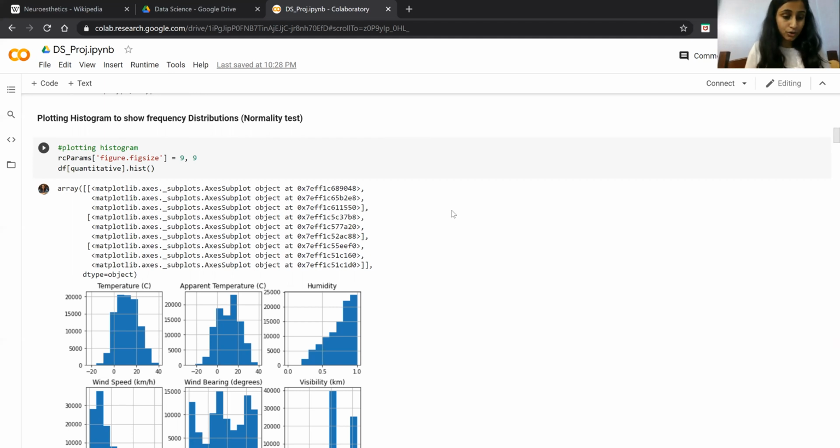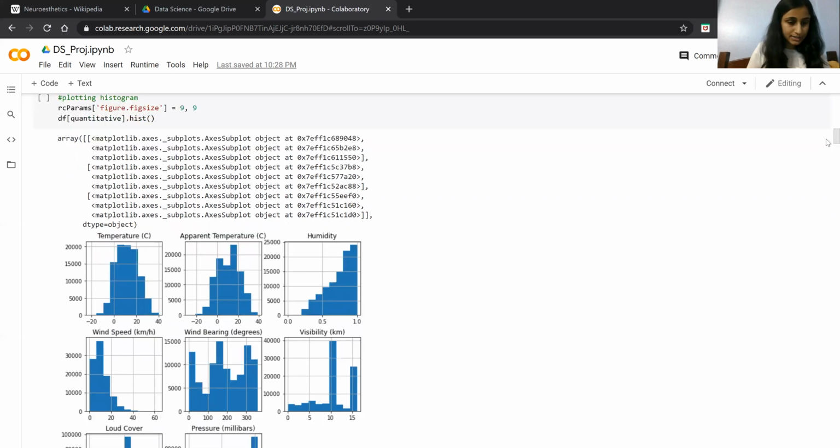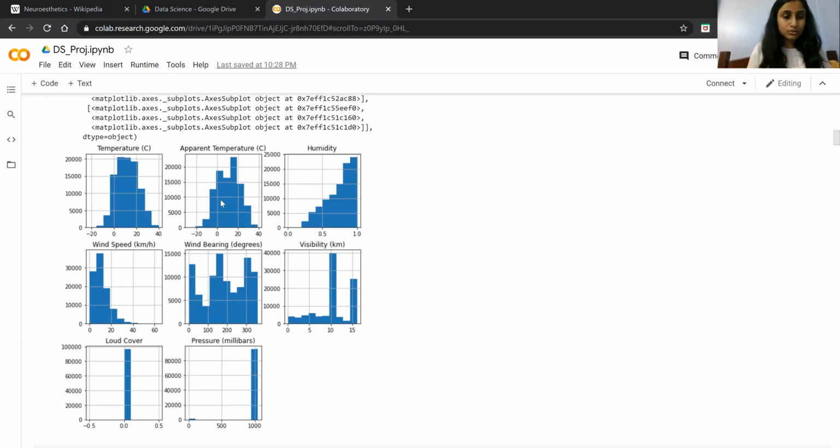So for the normality test, we've used histogram plotting in order to test normality. As you can see, humidity over here is a left skewed distribution.